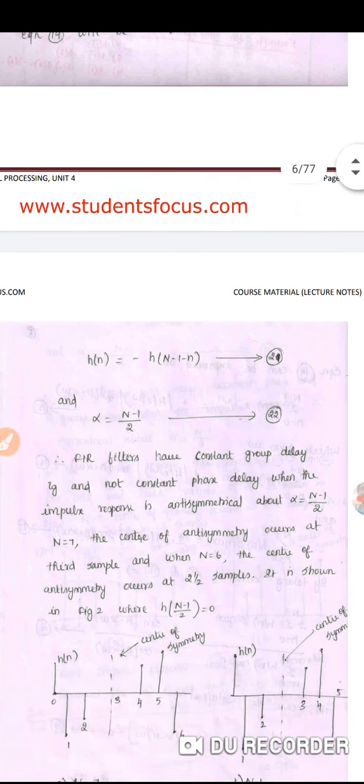Let us take a similar example, n is equal to 7, that is an odd value. Then the impulse response is delayed by alpha is equal to 3 samples, and it is asymmetric when the phase delay is not constant.